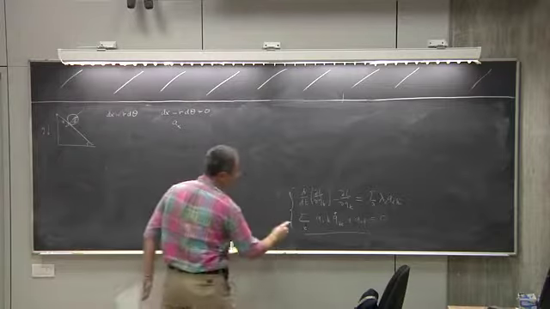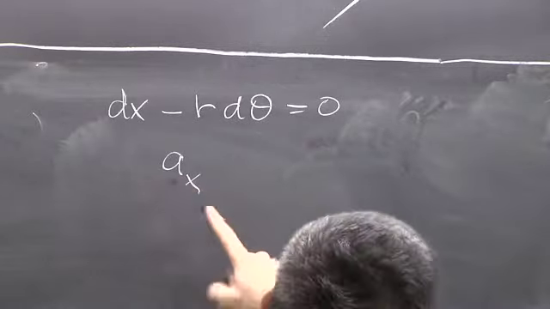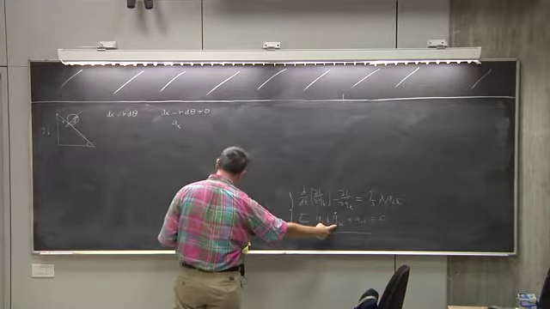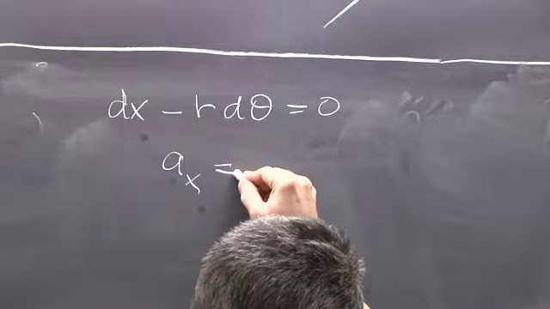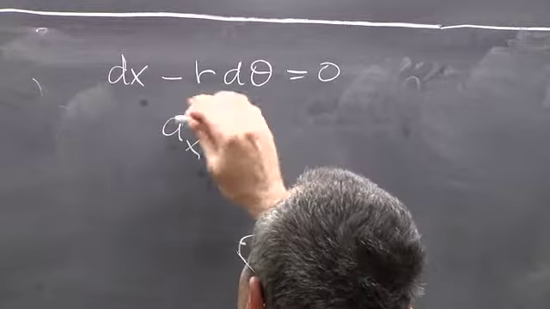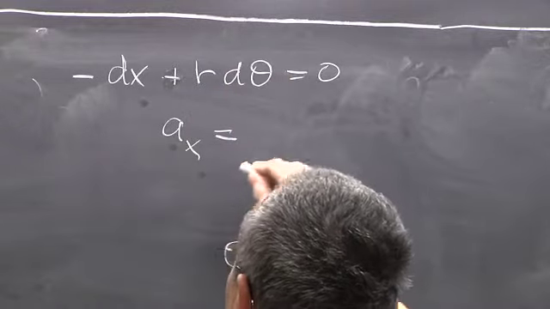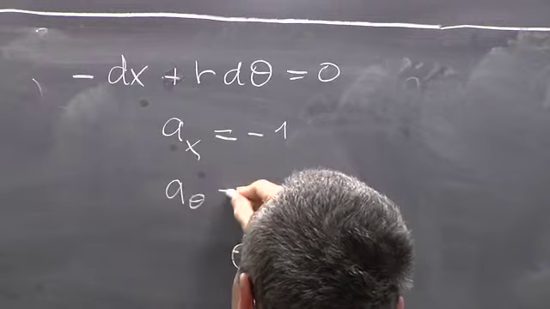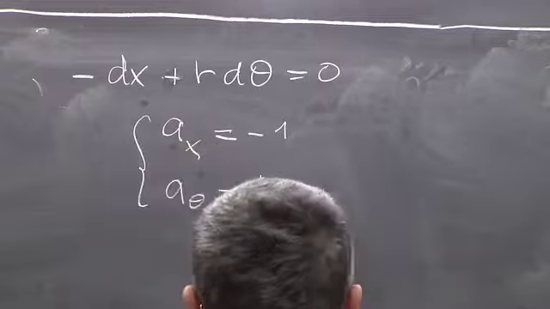Now I decide to call the coordinates x and theta. So I have a_x, the coefficient of the x dot term, which is minus 1, and a_theta is equal to r.